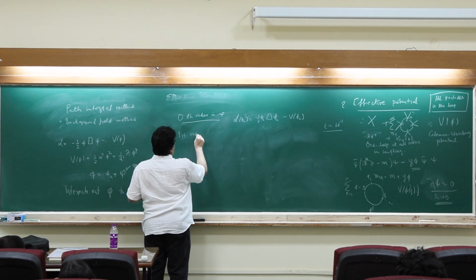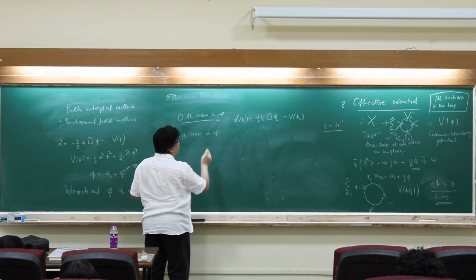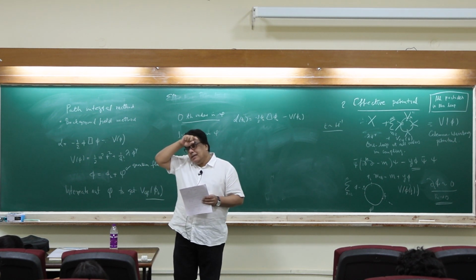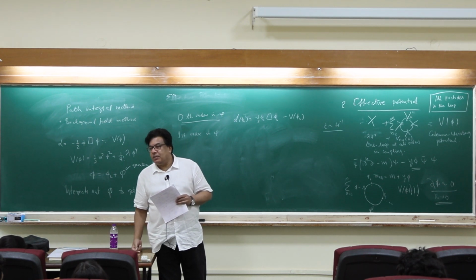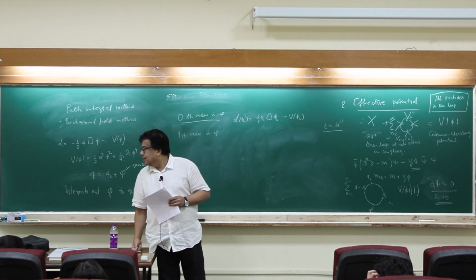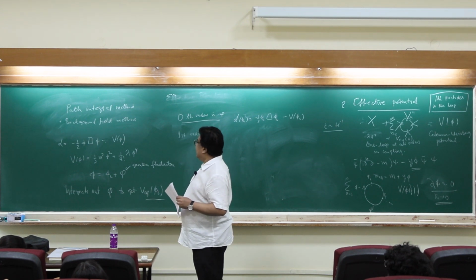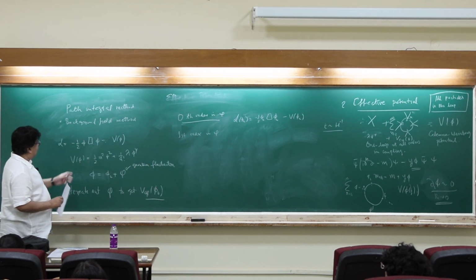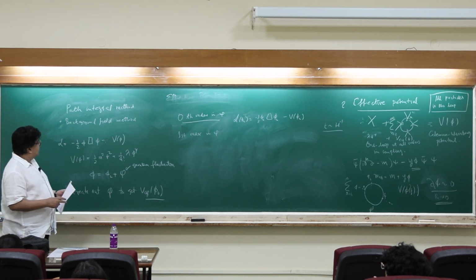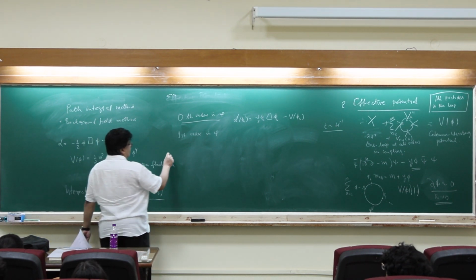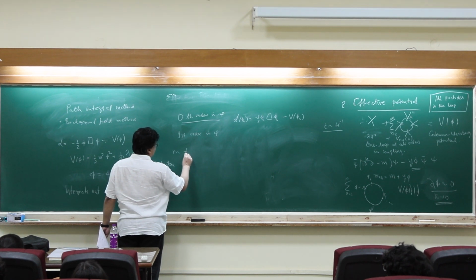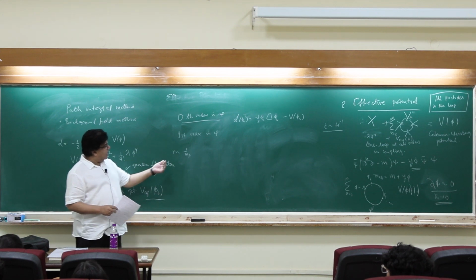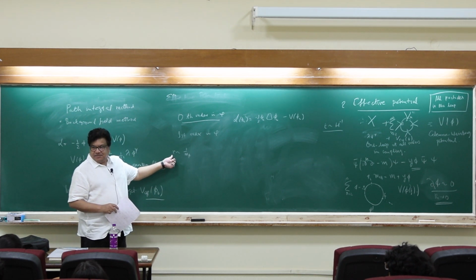First order. Well, here normally what happens is, if the field varies over a distance R, which is 1 upon m phi, your metric can be thought of as flat over this distance.